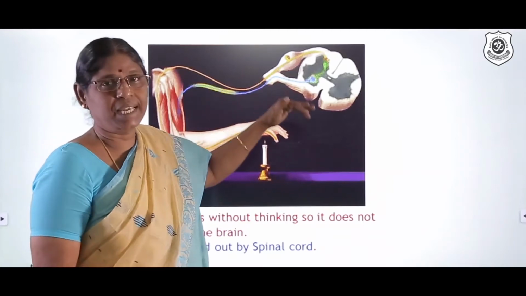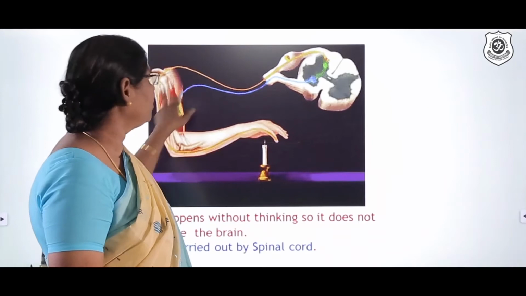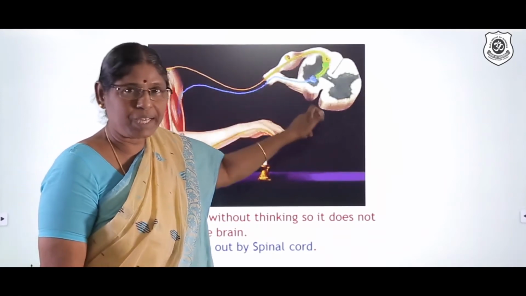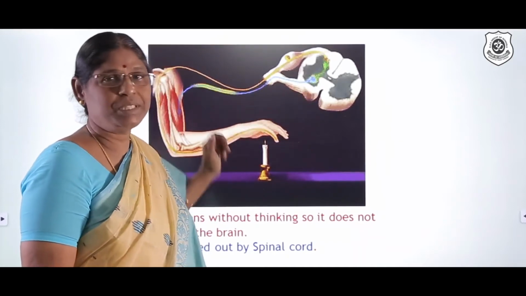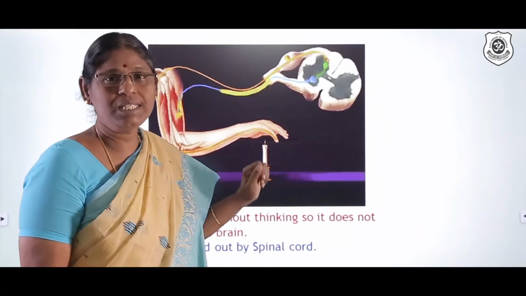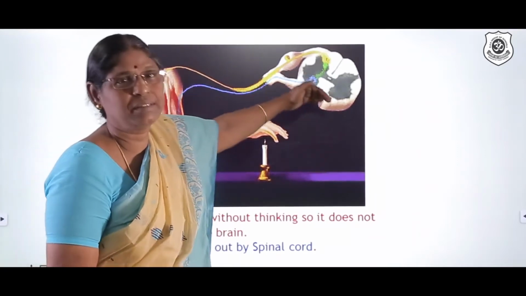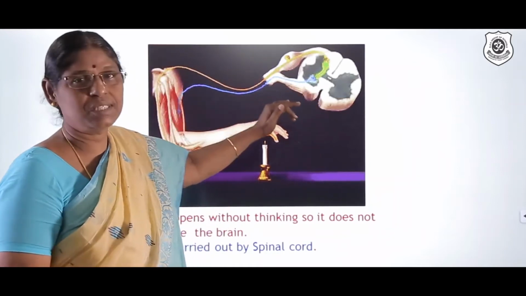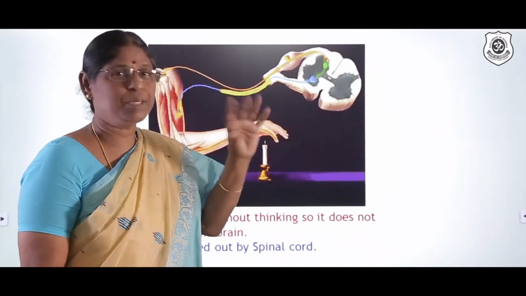So what happens is that the nerve which goes to the spinal cord gets the information from the spinal cord itself, and immediately the action is done. That is what we call reflex action, that is quick action, carried out by the spinal cord. This occurs during an emergency.